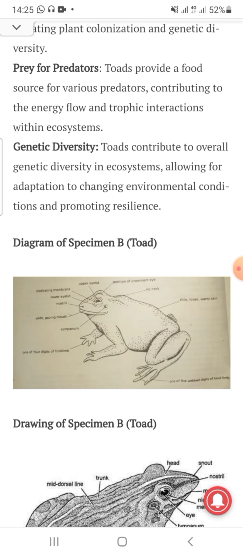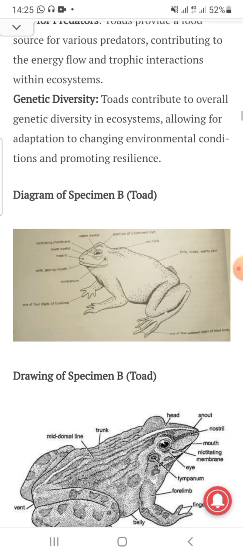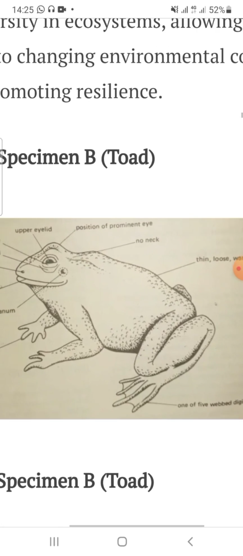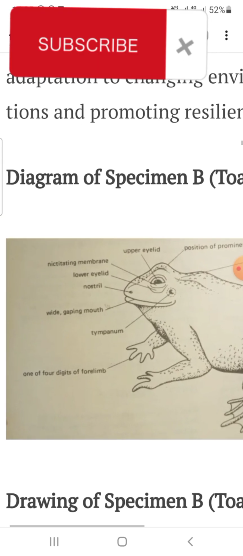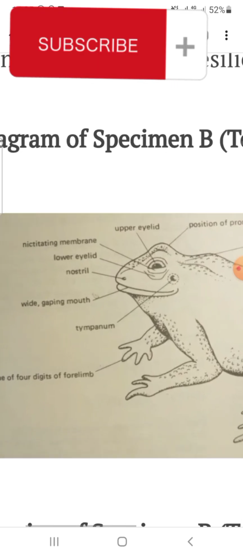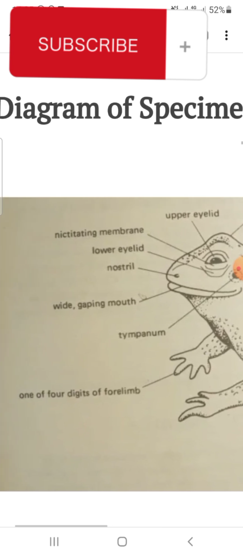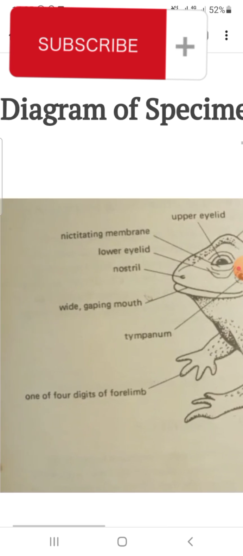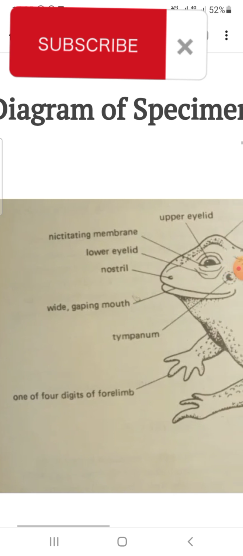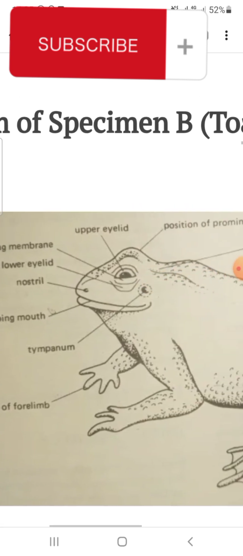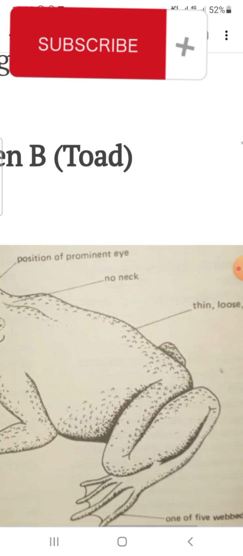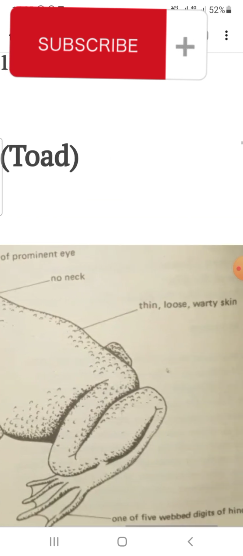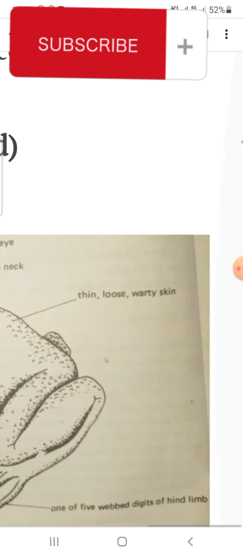Okay, so here we have the diagram of specimen B, which is toad. So this is a labeled diagram. Okay, so you can see this very clearly.